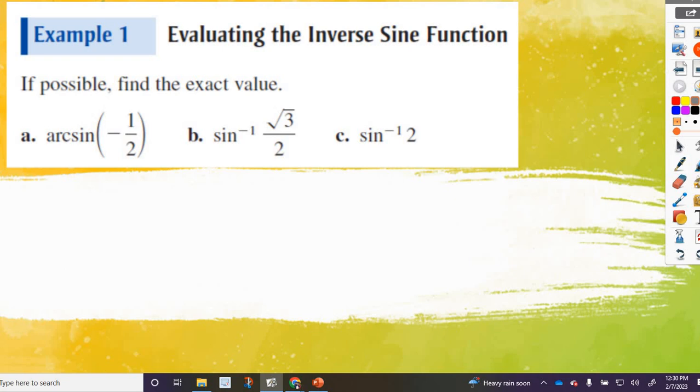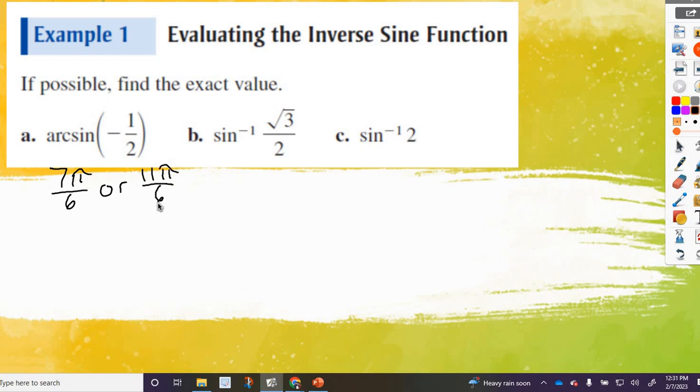Still have a pi over 6 in it, right? So that would be 7 pi over 6, or 11 pi over 6. Yes? Again, we're going backwards.